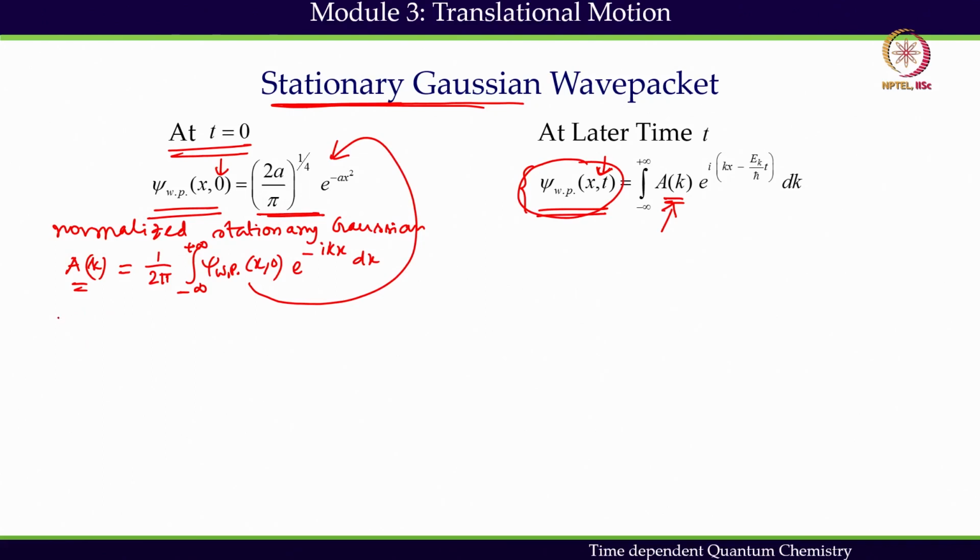If I plug that in here, it is going to be 1 by 2 pi, then 2a by pi to the power 1 by 4, then integration from minus infinity to plus infinity of e to the power minus a x square minus i k x, then dx.